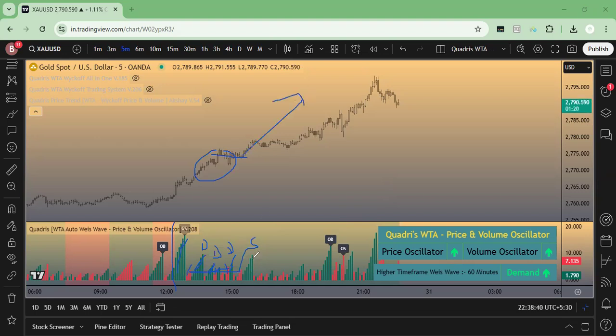And all these indicators of mine are non-repainting. There are certain indicators which will display after a certain duration, like 2 bars, 3 bars, 5 bars, 10 bars. That is different. But this indicator will not repaint, and it will appear instantly.